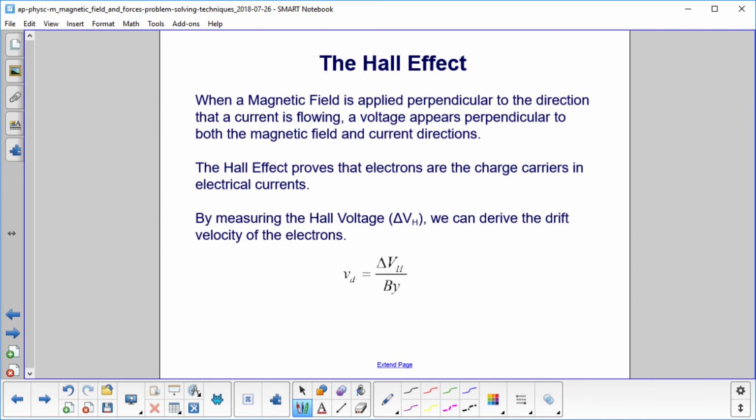By measuring the Hall voltage, delta V sub H, we can actually derive the drift velocity of the electrons, where there's your Hall voltage that you measure, here's your applied magnetic field, and here's the width of the conductor or the probe that you find the potential difference across. Y, that's in meters. And that gives you directly the drift velocity of the charge carriers, which in a circuit are electrons.